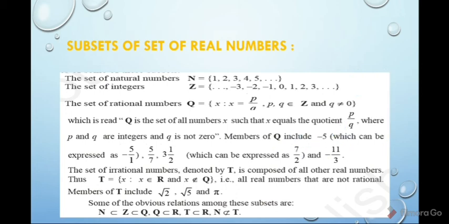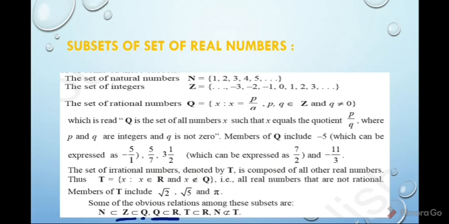That means all the integers are rational numbers, or the rational number set contains all these elements of Z. That's why the integers are a subset of the rational numbers. Again, all rational numbers are real numbers. That's why the set of rational numbers is a subset of the set of real numbers.